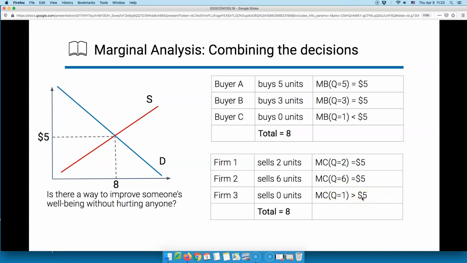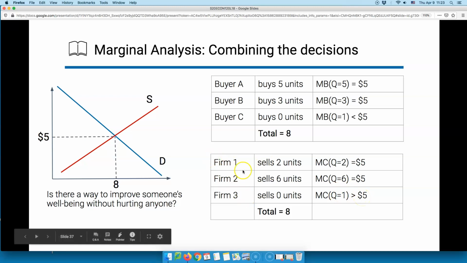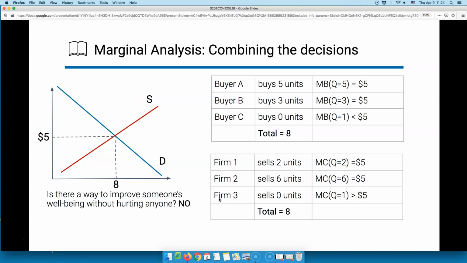At $5, it is too costly for them relative to other firms to be producing, so they shouldn't be producing. And so in this situation, you've seen the answer already. It would be no. No way to improve the market participants' well-being without hurting anyone.